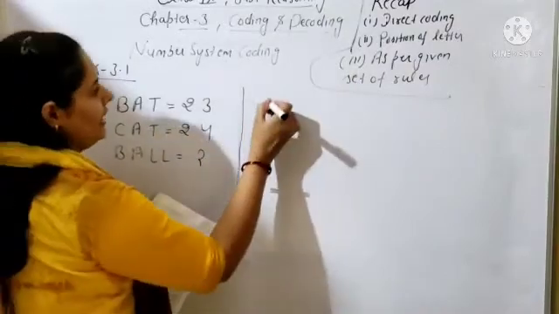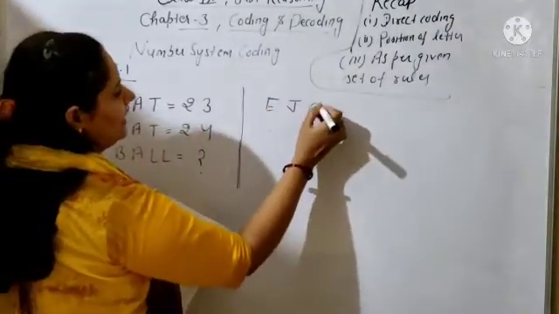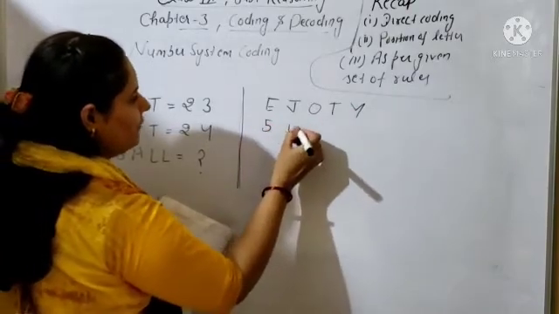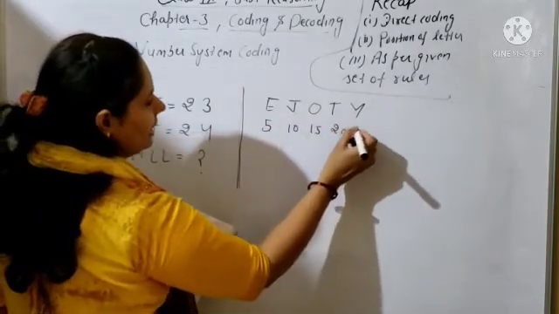In position of letters, I have already told you, you will learn two rules. First is E, J, O, T, Y. The places of these will be 5, 10, 15, 20 and 25.